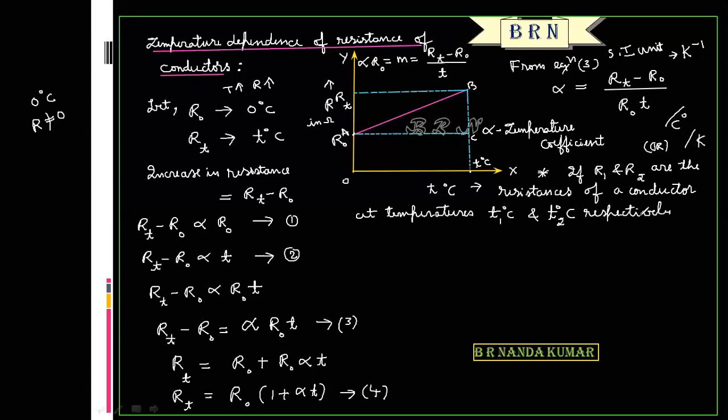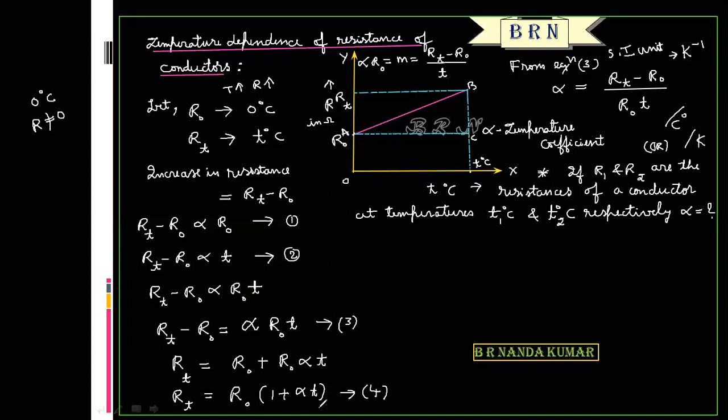In this case, what is the value of alpha? It is very important. If R1 is the resistance of the conductor at T1 degree Celsius and R2 is the resistance at T2 degree Celsius, then what is the value of alpha?